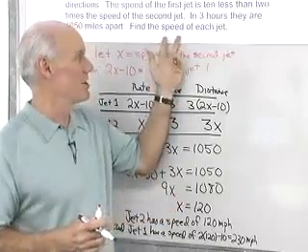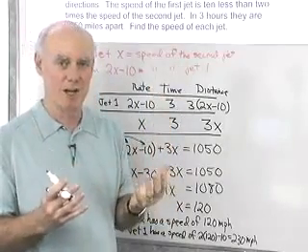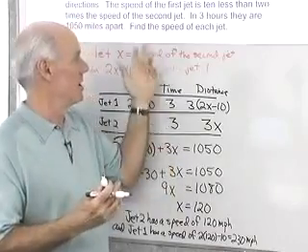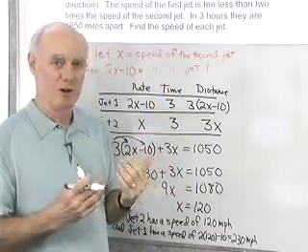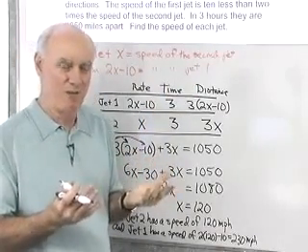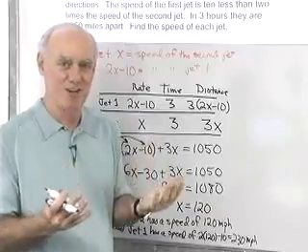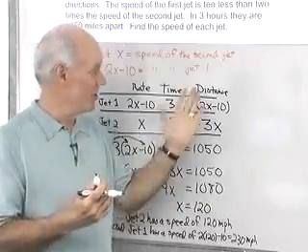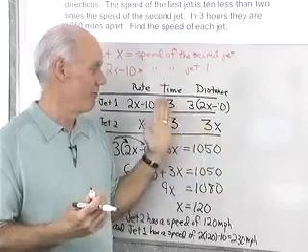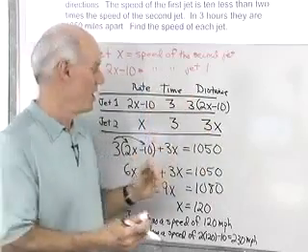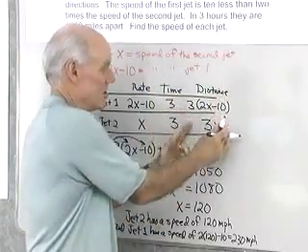I look for what's asked for in the problem. That's going to help me decide what x is equal to. In this case, I'm looking for the speed of each jet. So I'll let x be the speed of one of the jets, and then I'll get the speed of the other jet in terms of that. Then I'll use my distance, rate, and time formula, distance is rate times time, to multiply and get the distance each traveled.